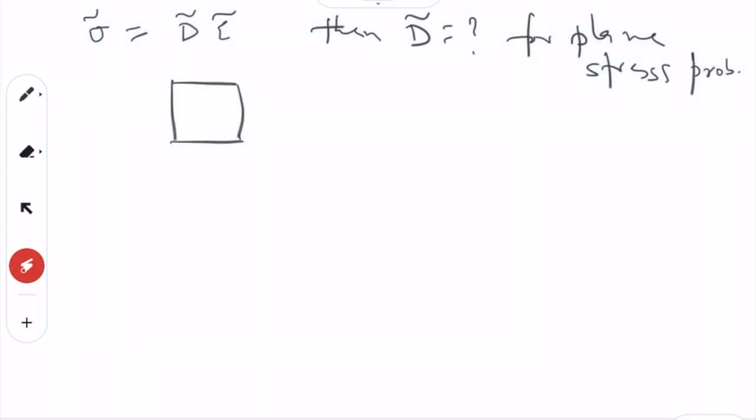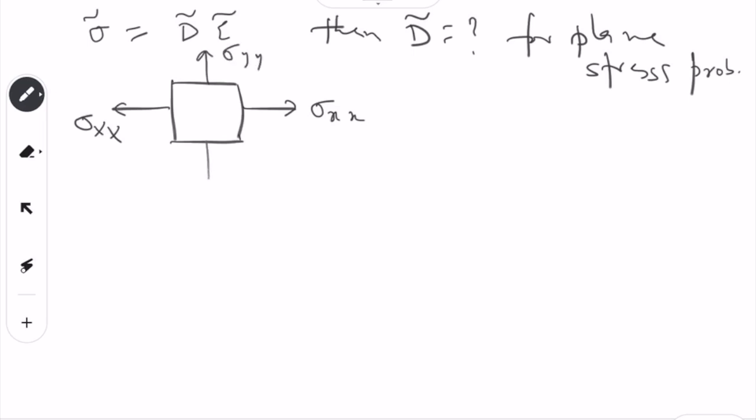So we have this one, and then what we want to do is we have the stresses here, right? So we will have sigma xx here, sigma xx, then we have sigma yy, and then we have all this.